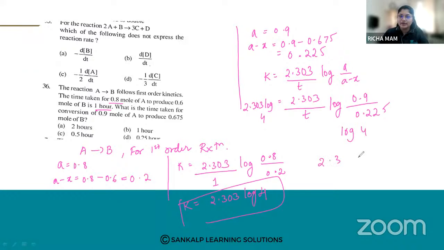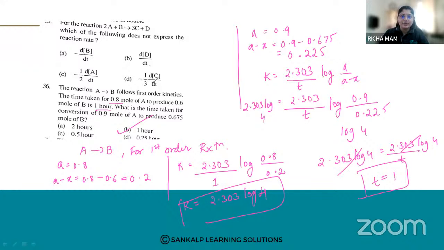So 2.303 log of 4 is equal to 2.303 by T log of 4. So how much is it? If this gets cancelled, T is equal to 1.